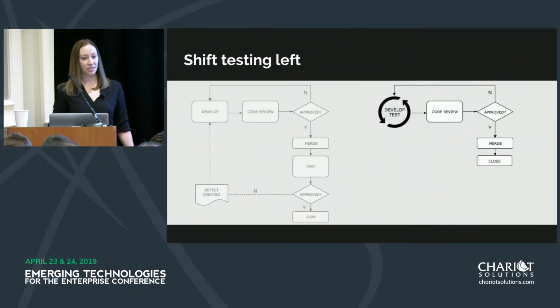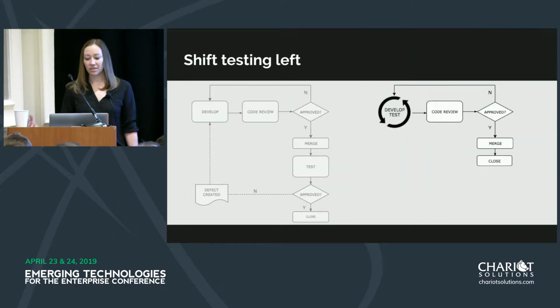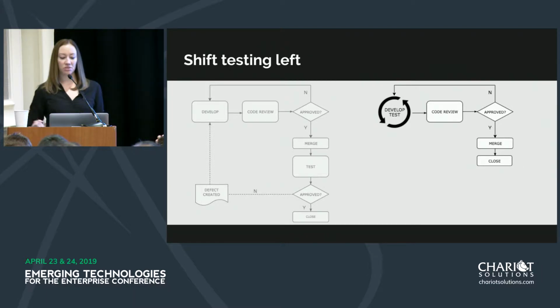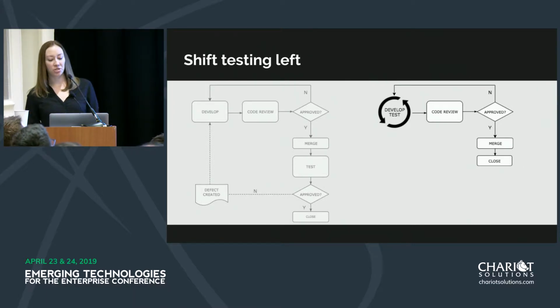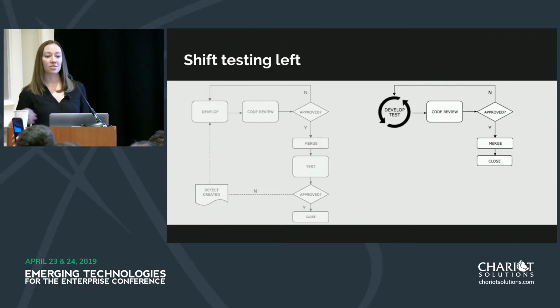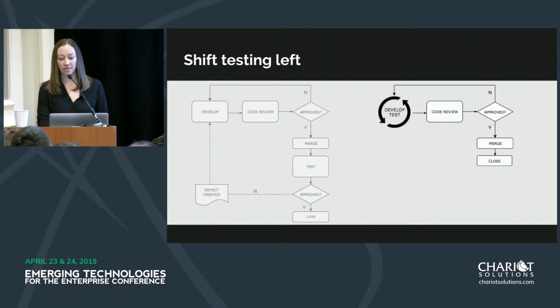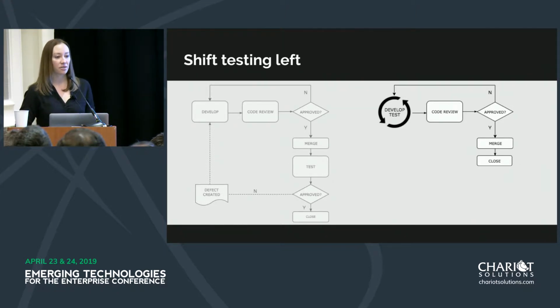So what can we do differently? Something that we've done at Elsevier is we've employed what is called shift testing left, which is we've just moved testing over so it's closer to development. So nothing actually gets merged into or deployed into another environment until the tests are all written, which solves a lot of problems for us. And it got the developers and QA to work a lot closer together.